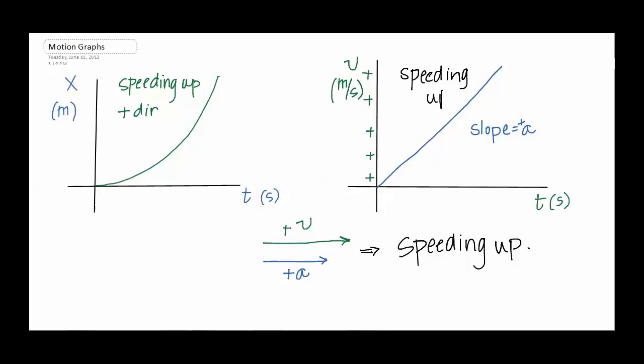So we get speeding up. So a position time graph and a velocity time graph that match each other, that both show me they're speeding up, look like these two graphs.